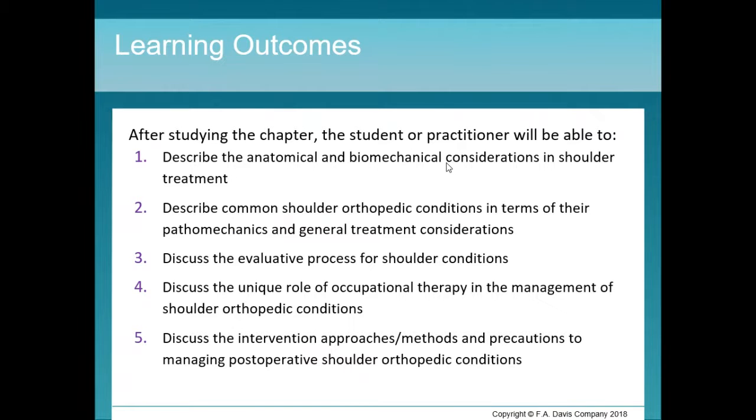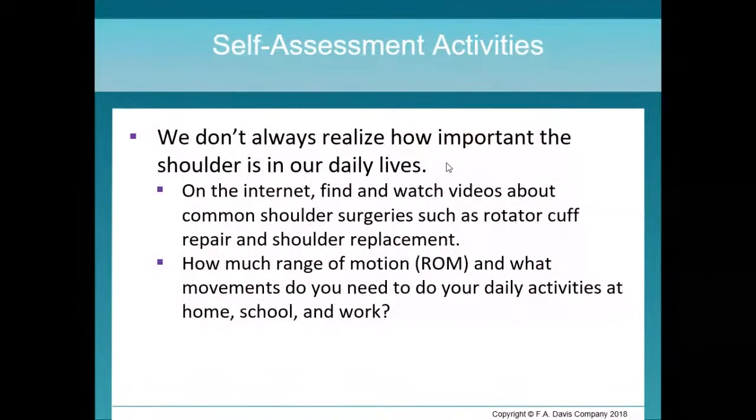For this chapter, normally we have been just focusing on the interventions, but where the shoulder is so complex, I'm going to do the full lecture, and hopefully you'll be able to rewatch this, pause it when you need to, start it when you need to.